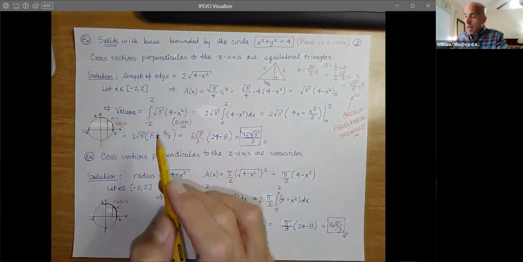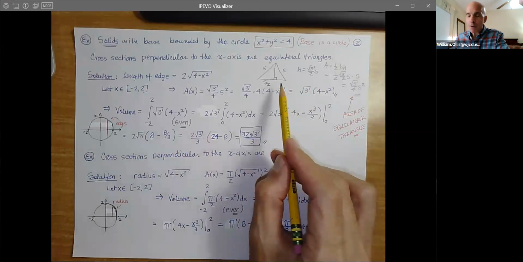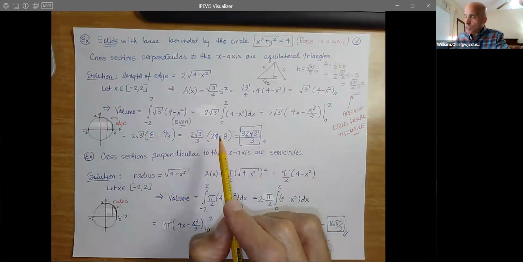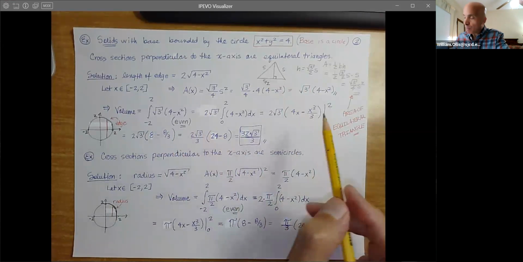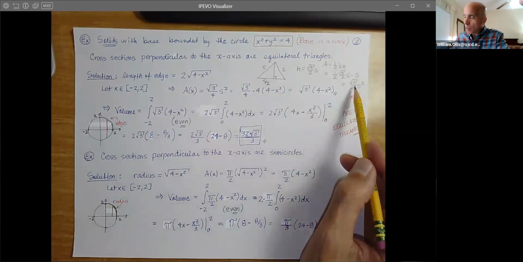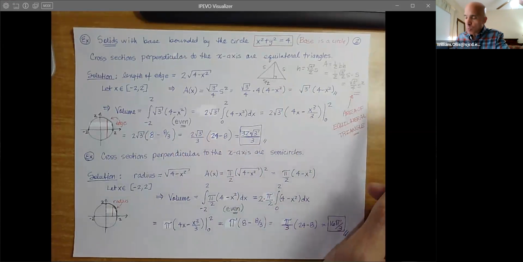So now, what's nice is that it may have been a while since you derived the formula for the area of an equilateral triangle, but I did a little computation here, and it's very simple, just using a 30-60-90 triangle. And so what we see is that the area is the square root of 3 over 4 times an edge squared, or s squared.